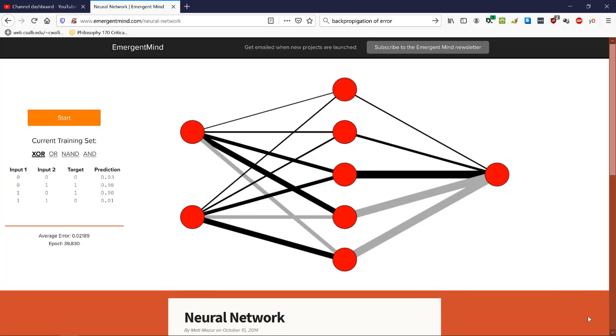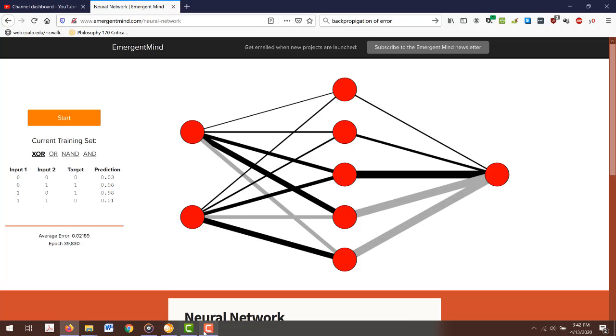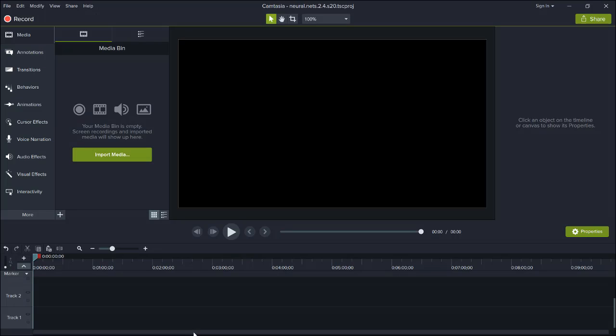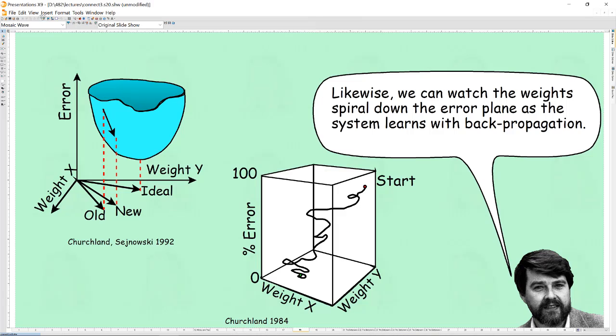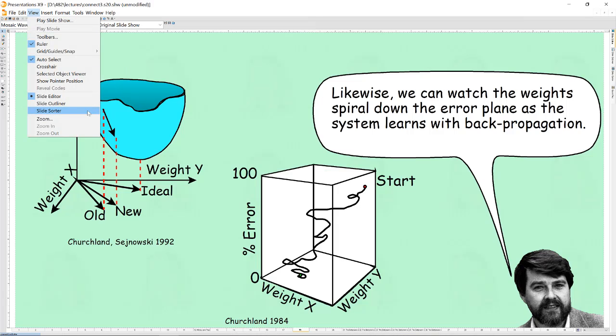So again, backpropagation of error really does work by this slow gradient descent down this error surface here.